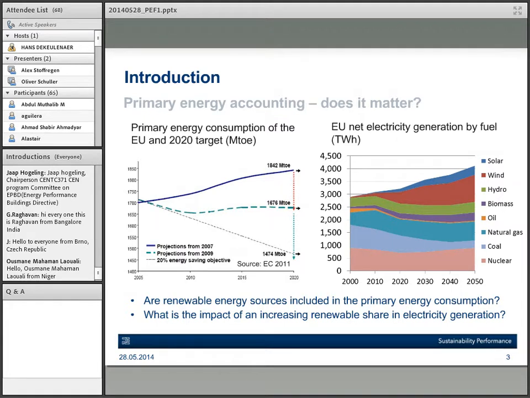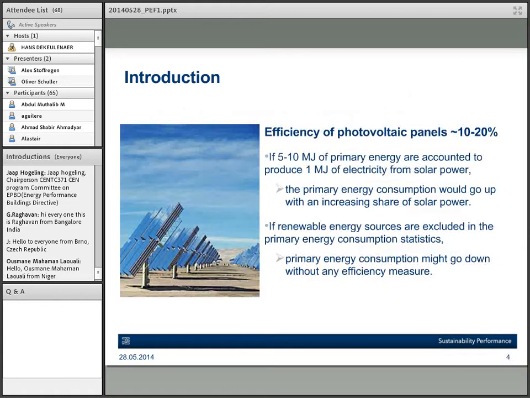So the question is, what actually happens in our energy consumption? If I look at an example like photovoltaic solar panels, they normally have a technical conversion efficiency from solar radiation into electricity of 10 to 20%. So this would mean, if the technical efficiency is included for primary energy accounting, that I would need 5 to 10 megajoules of primary energy to produce 1 megajoule of electricity.